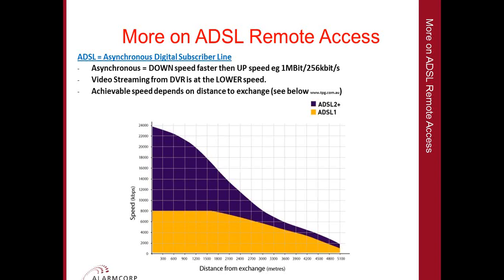But as soon as we get over 3,000 meters or thereabouts, then we're down at the old-fashioned ADSL speeds. And as we get even further, the speed drops away quite significantly. So the key takeaway here is, even though with ADSL we may have a very high theoretical speed, the actual speed that's achievable may be lower because of how physically far the site is from the nearest telephone exchange.